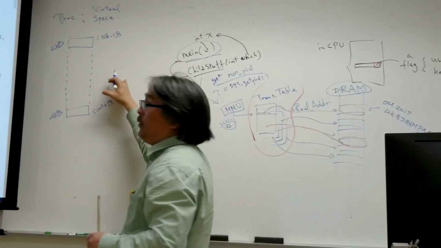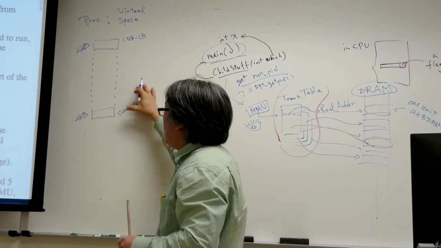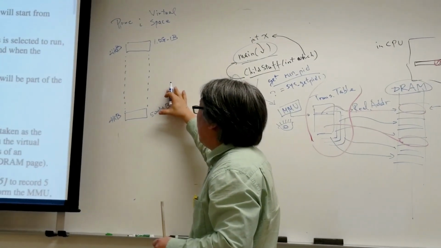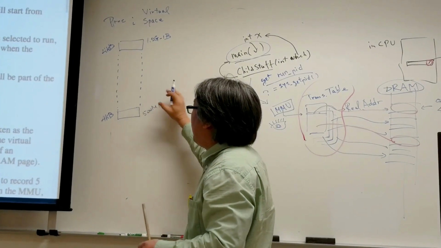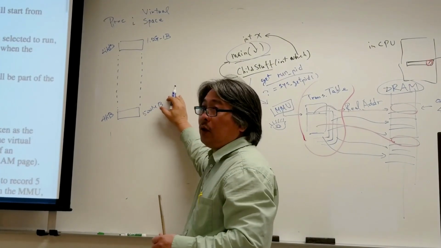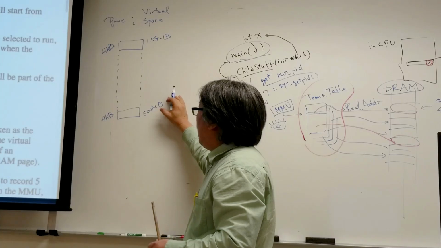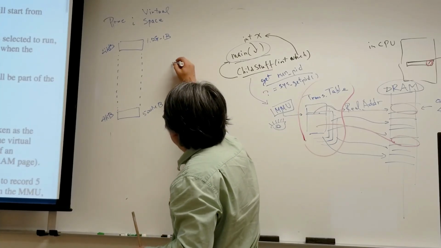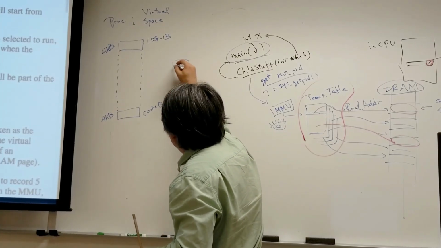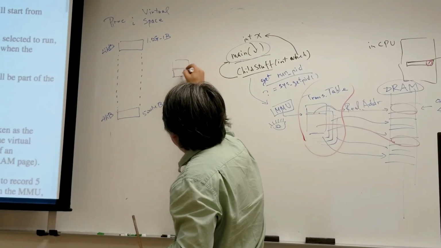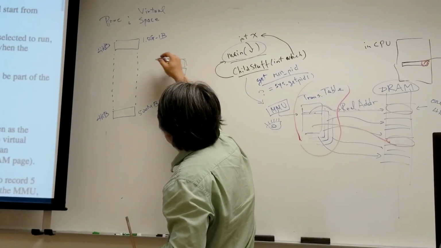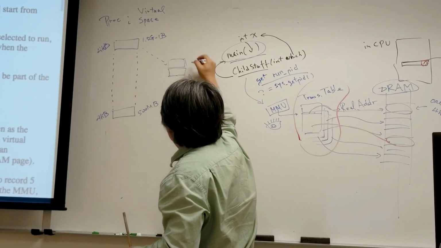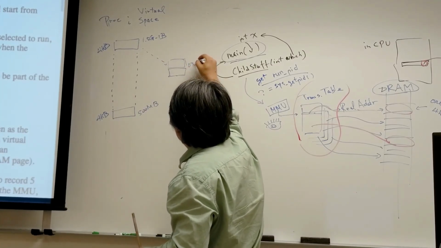We support virtual addresses in 4K bytes. Inside that 4K byte page, the order didn't change, it's real. That means we're going to have, in the DRAM, two 4K byte pages to support that.